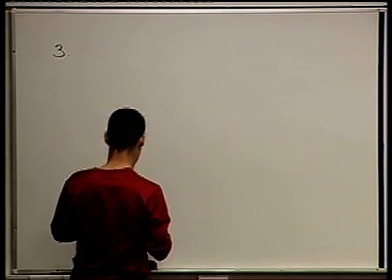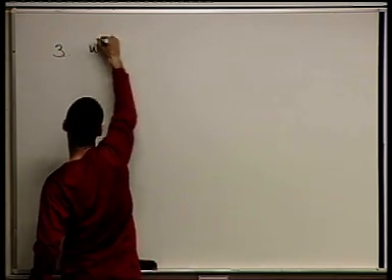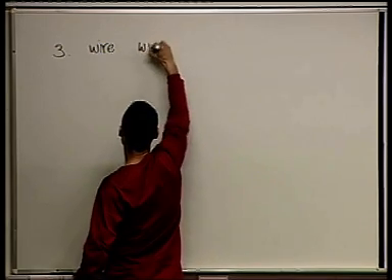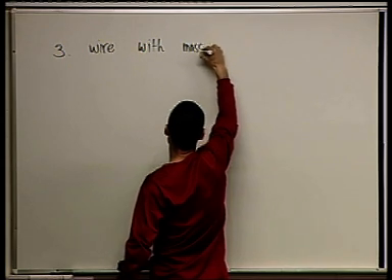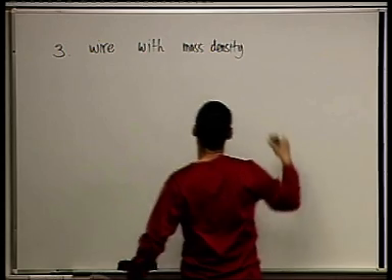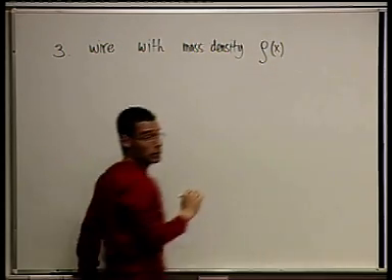So, for example, suppose you have a wire with mass density given by rho. That's the letter usually used.